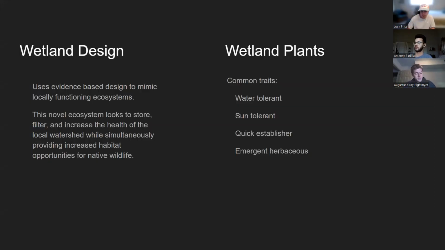All right. So in general, wetland design is known as an evidence-based system. We already talked about biomimicry and wanting to imitate these novel ecosystems, these natural ones that we see every day. It just makes sense to base local practices off local sources that are already occurring. Some common traits of these plants are water tolerant, sun tolerant, quick establisher, and emergent herbaceous.